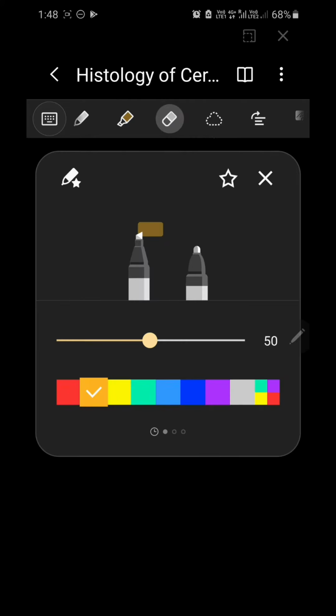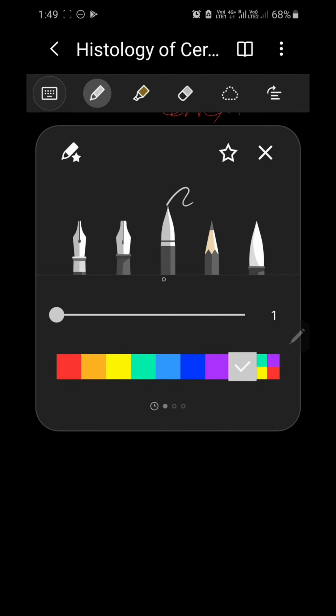Let's divide it into 6 layers. So let's draw this cerebral cortex.